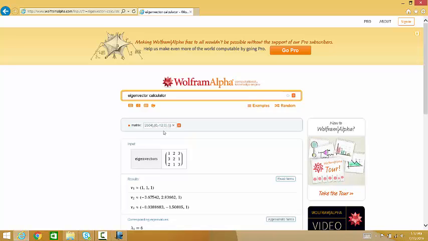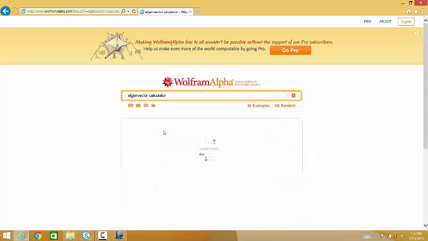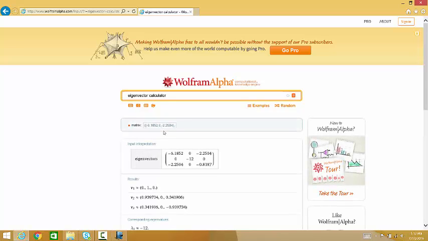And then the third row is negative 2.2504, 0, negative 0.8187. All right, so now that matrix is entered. Hit enter to calculate it. And so this is the original matrix I entered in.